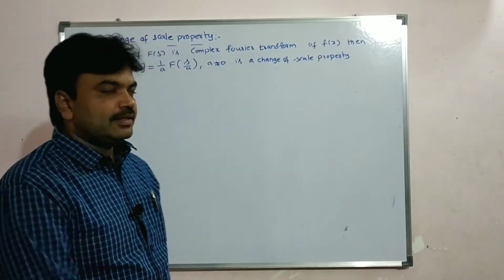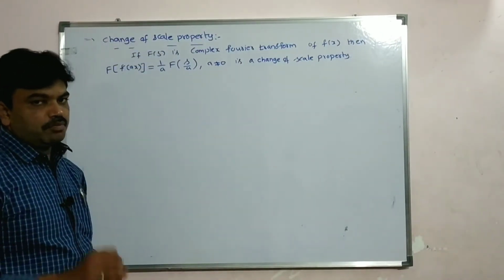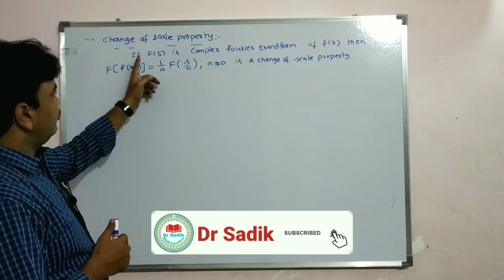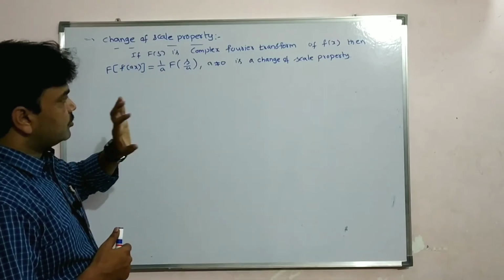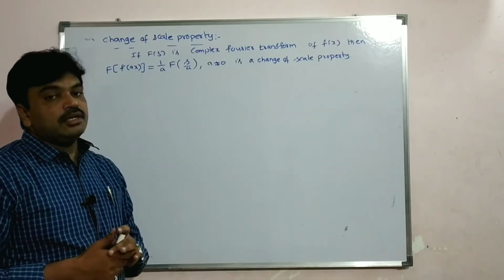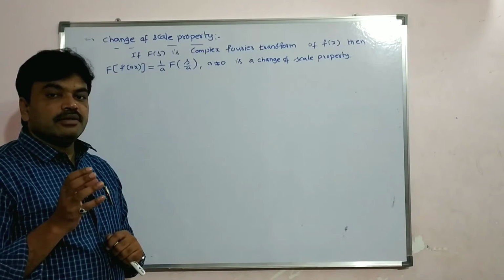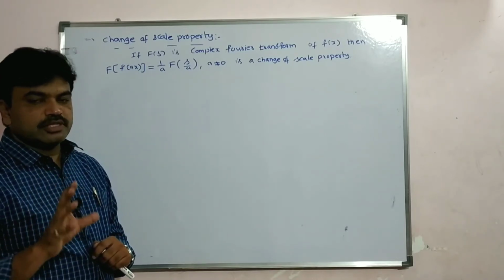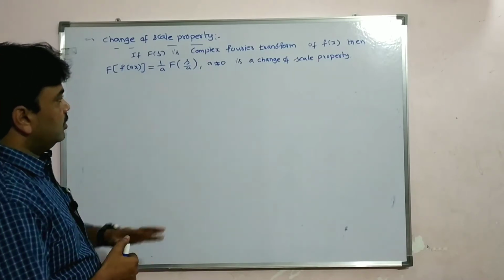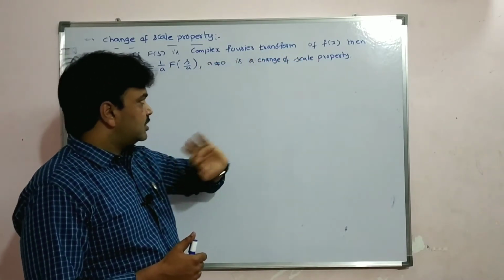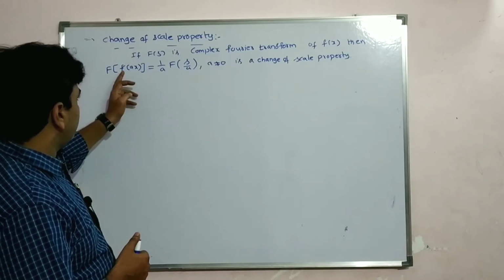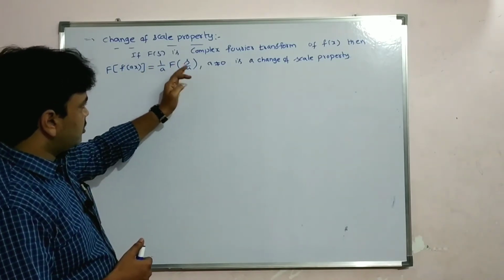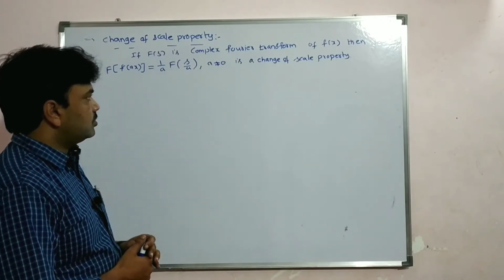Let us see another property, the change of scale property. If F(s) is the complex Fourier transform of f(x), then the Fourier transform of f(ax) is equal to 1 by a F(s by a), where a is not equal to 0.